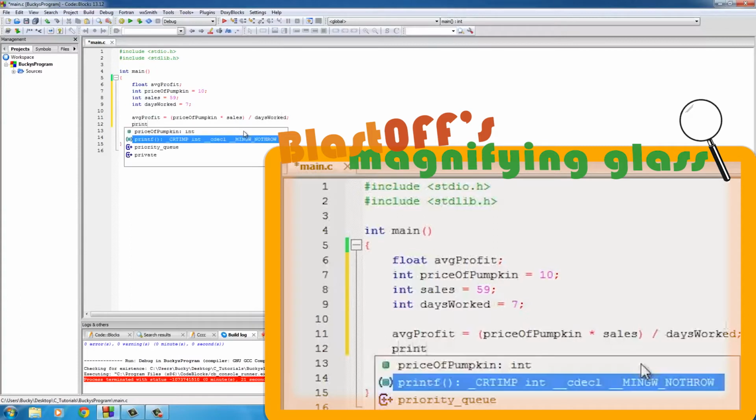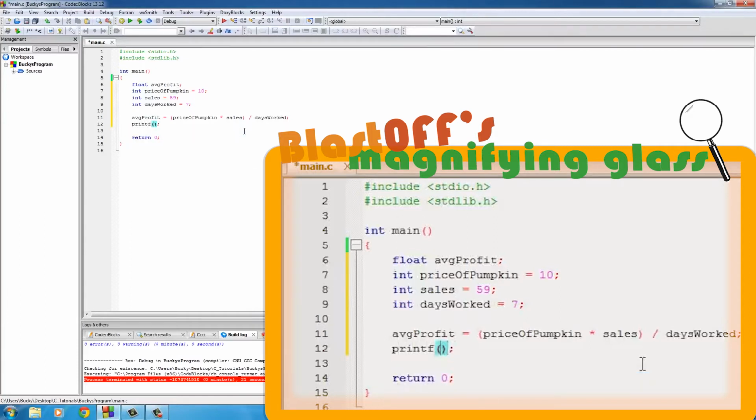So printf, and we'll put average daily profit, and of course it's a float, and we'll use a dollar sign.